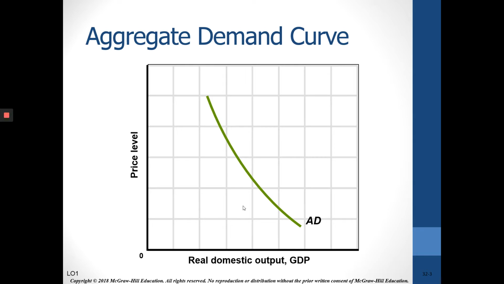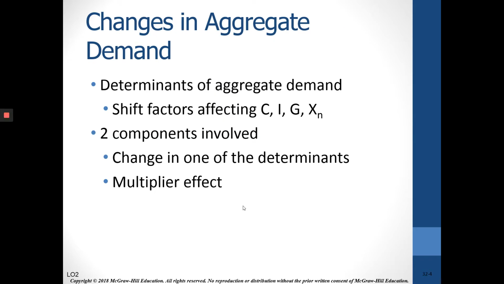So what shifts this aggregate demand curve? And I want you to pay attention in your text to page 639, the green box on that page. Determinants of aggregate demand, these shift the entire aggregate demand curve to the right or to the left. Right increase, left decrease. But looking at the shifting factors, consumption, investment, government purchases, net exports, that is what we learned in chapter 27, I believe it was.